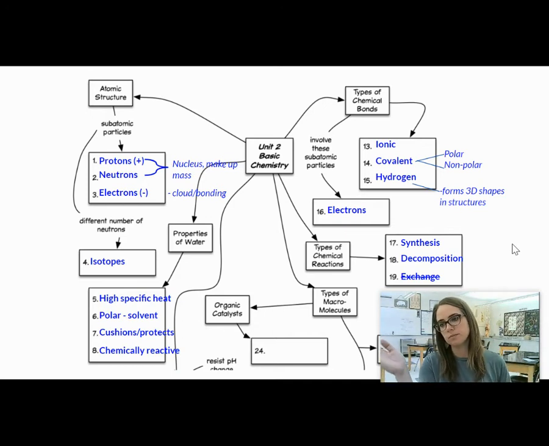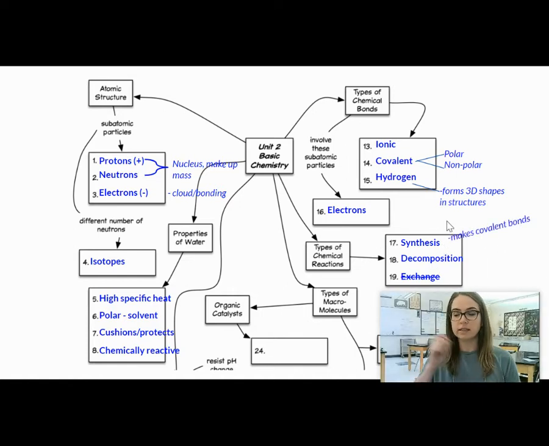And so ATP and ADP, for example, if I add a phosphate to ADP, it turns into ATP. If I remove a phosphate from ATP, it becomes ADP. So that molecule or that reaction can go back and forth. There's no questions on the test about exchange reactions, though. Synthesis reactions, think dehydration synthesis, same thing.